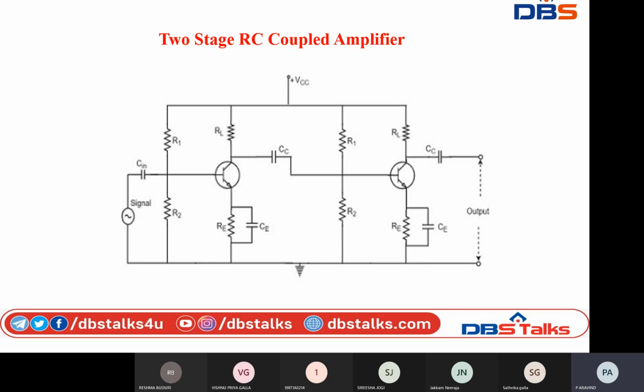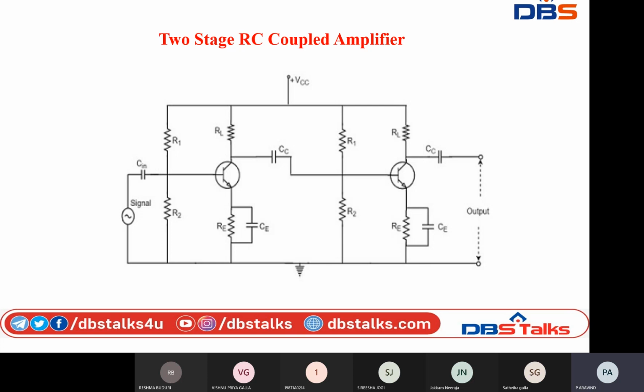The coupling capacitor is used to couple the first stage and the second stage. The amplified output at the collector load RL passes through the coupling capacitor Cc to the next stage. So this becomes the input of the next stage, right?